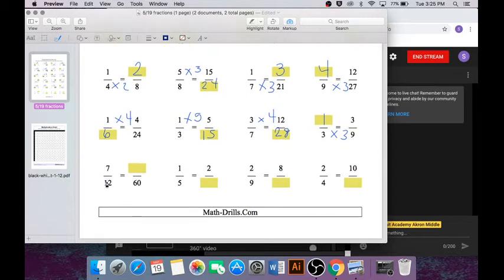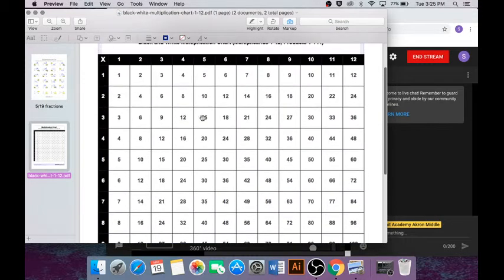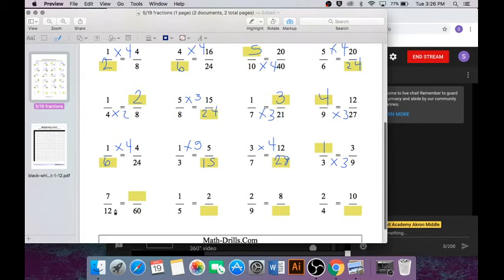Okay. On this one, we have our denominators. So we're going to start with our 12 times table, and we need to find 60. So all the way down here, our 12 times table, here is 60. So if we go up, 12 times 5 is 60. So this fraction has been multiplied times 5.